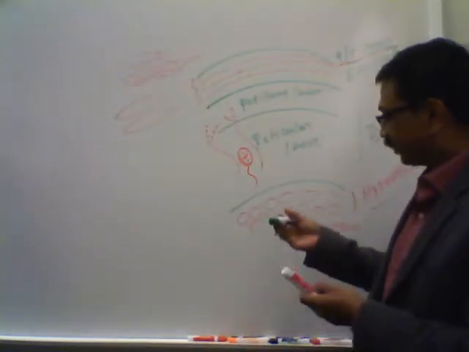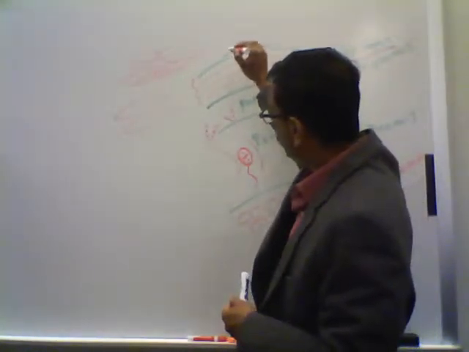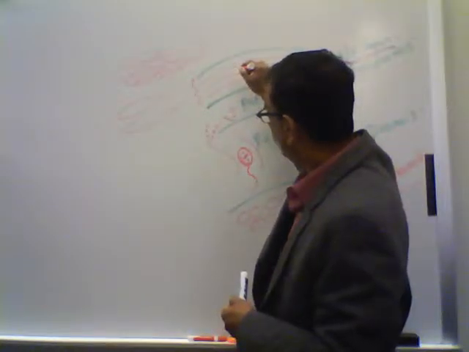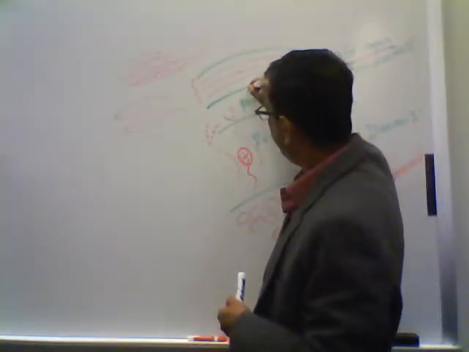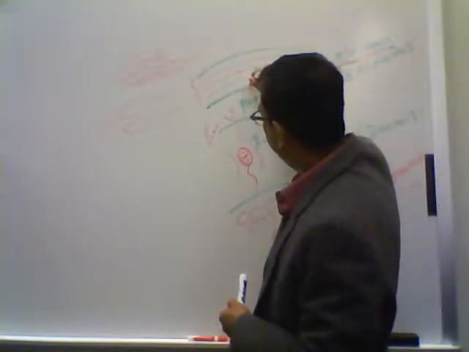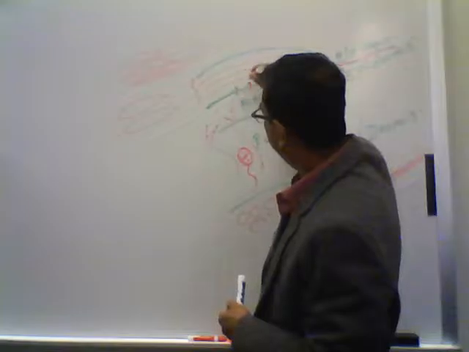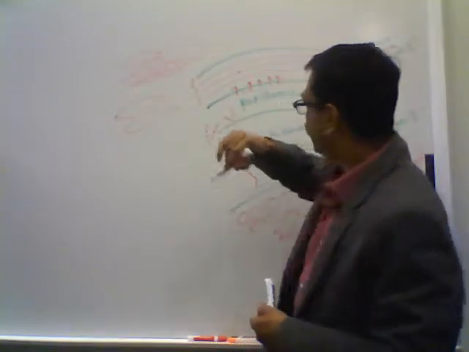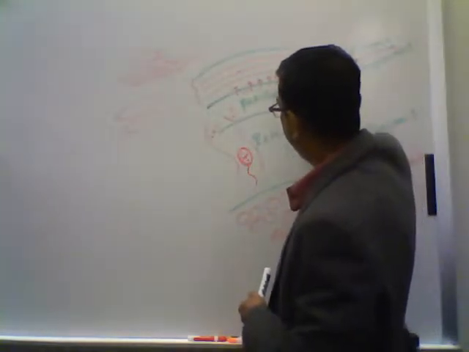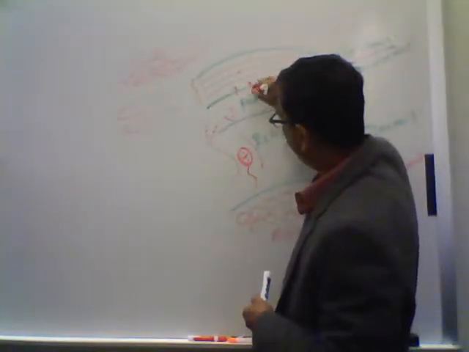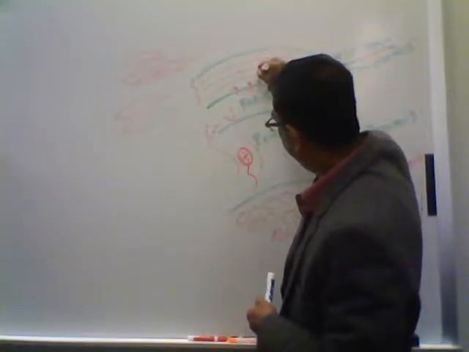Now the question is then, how does the epidermis get nutrition and oxygen if there is no blood circulation? From the underlying dermis, by diffusion, nutrition and oxygen enter into the epidermis.